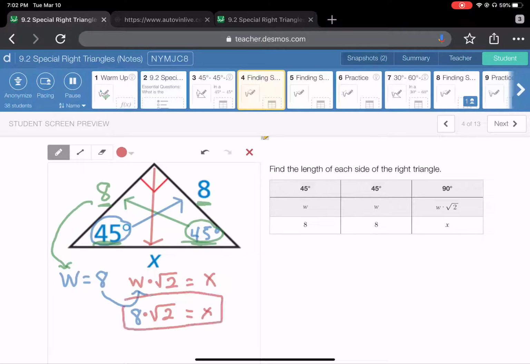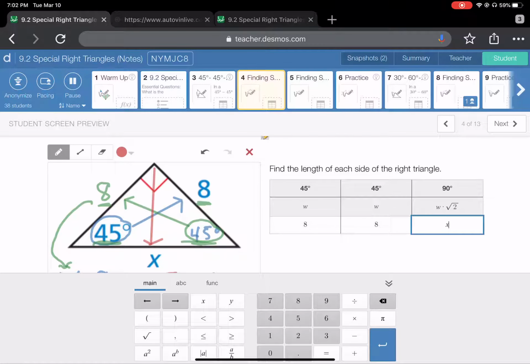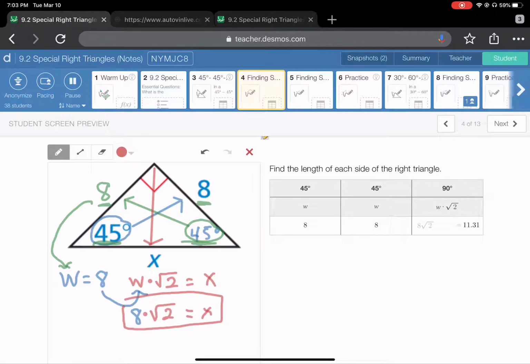X is actually equal to 8 times the square root of 2. So I'm going to remove that x and replace it with 8 square root of 2, which is equal to 11.31. So this side here, where the x is, is actually 11.31.